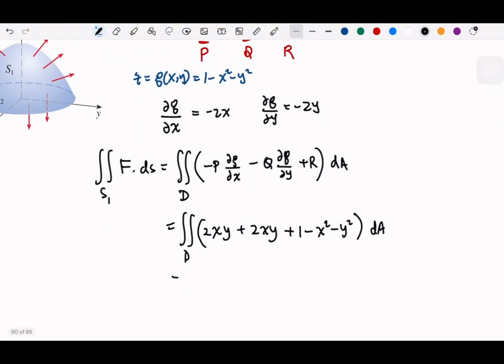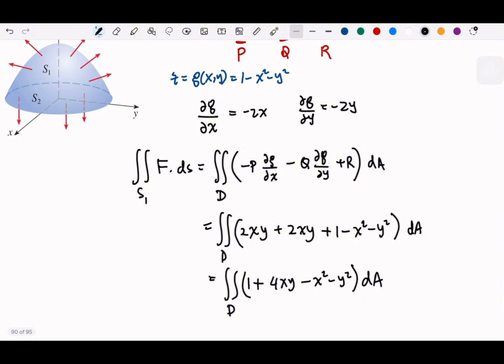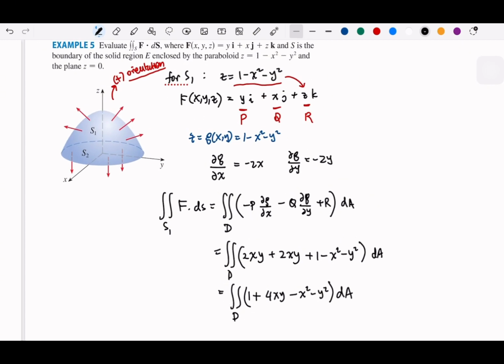So let's simplify this. This will be 1 plus 4xy minus x squared minus y squared, and dA. Now D will be the region on the bottom part, which based on the double integration we could convert to polar.